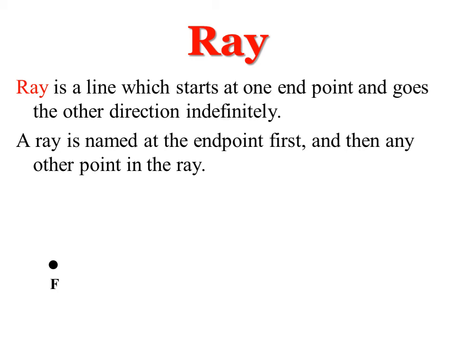Say for example, we have here point F, and a ray is drawn from point F, and another point is drawn on the ray. Then we name this ray as ray FB.